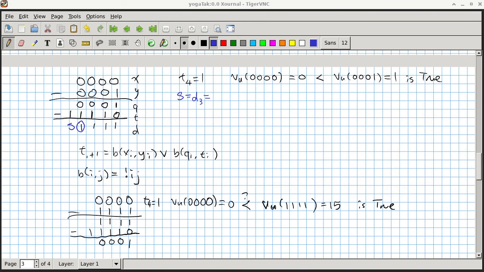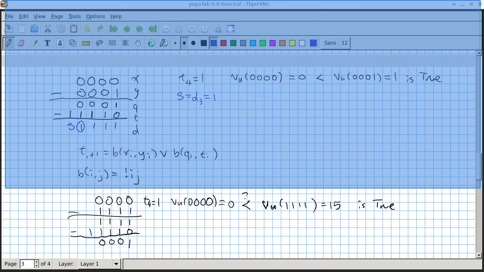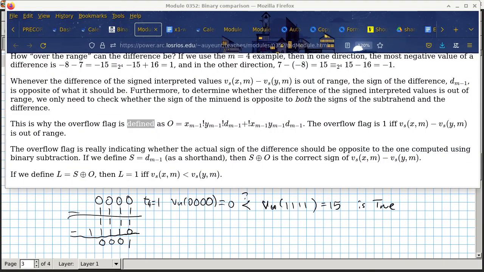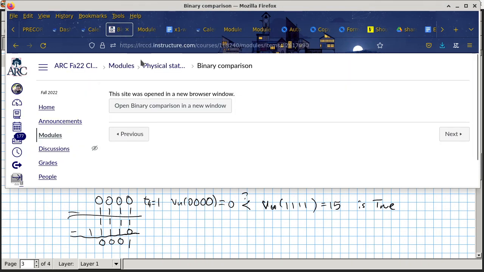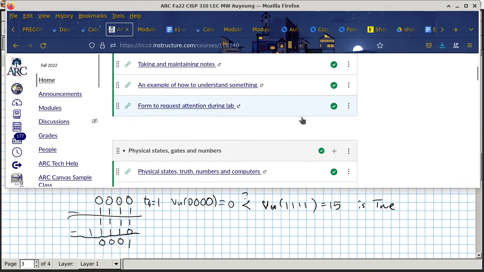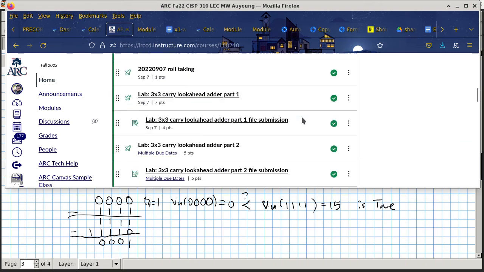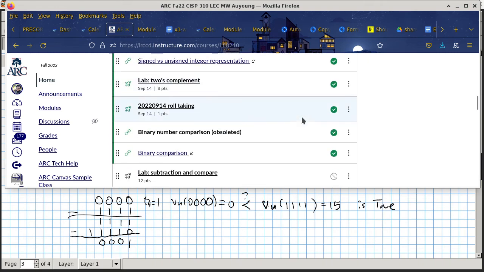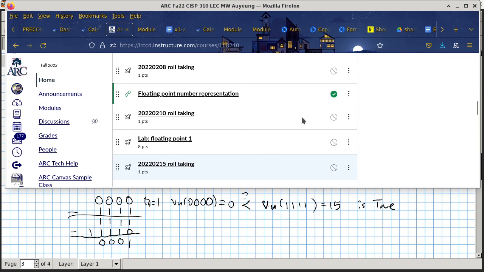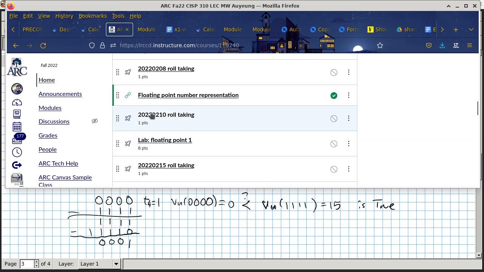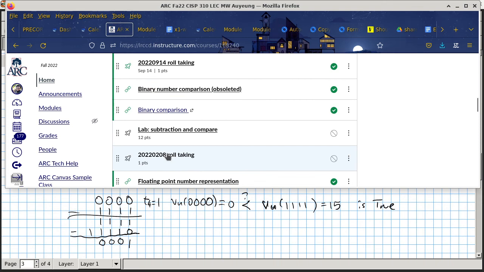Okay, very good. All right, it's time to take roll. So we'll take a short break from this discussion, and I'm going to take roll. All right. I'm just going to borrow this one, or maybe this one.